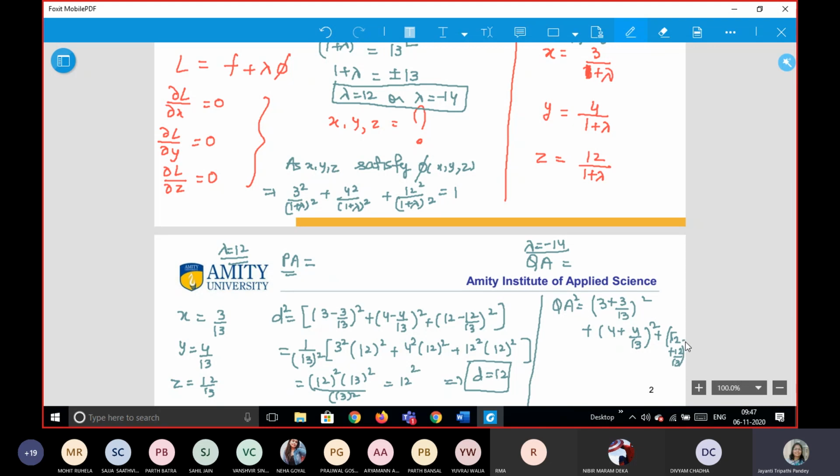Is this fine? So you will get 14 square, 13 square upon 13 square. Cancel and the answer is 14 square. So QA is 14. So which one is minimum? This is minimum.